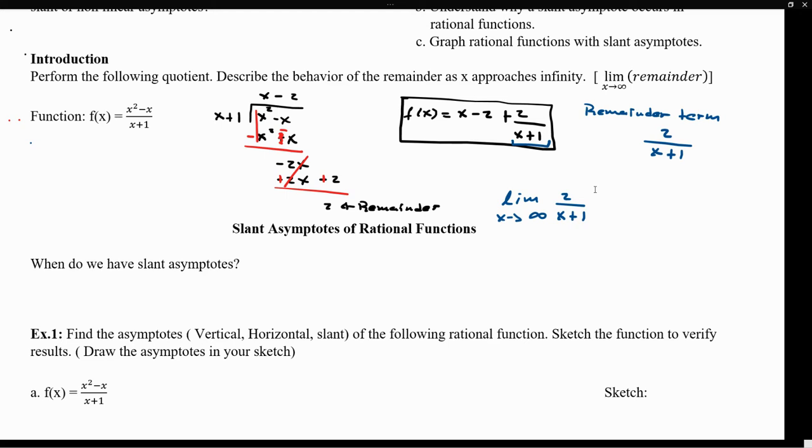So as we increase our denominator, the value of the fraction decreases. If x is getting infinitely larger, then it's eventually going to approach the value of 0.